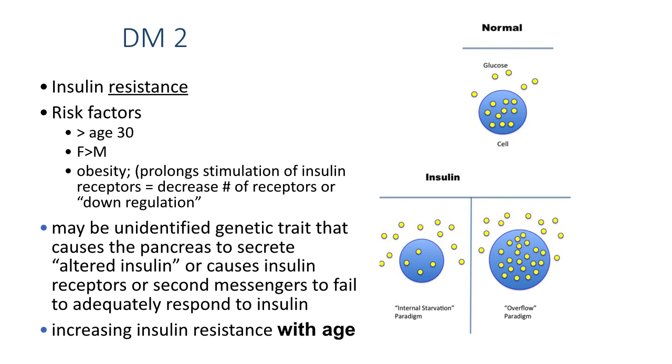Type 2 diabetes, insulin resistance, again, starts with insulin resistance and can progress towards failure to produce eventually. Risk factors. In general, this is over 30, although some of this is starting to shift at this point in time with the epidemic that we're seeing with greater and greater weight in younger children.